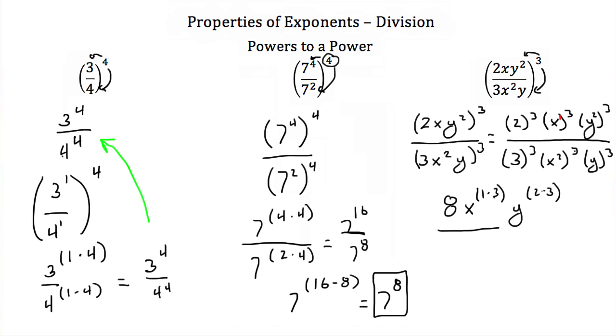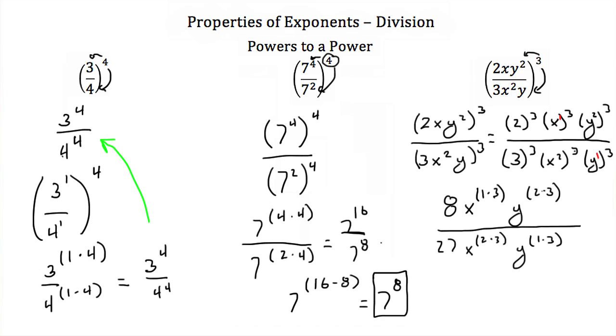And this is divided by 3 cubed, which is 27, x squared and then cubed again, which would be x to the 2 times 3 power, and then y to the first power, and then cubed again, would be y to the 1 times 3 power.